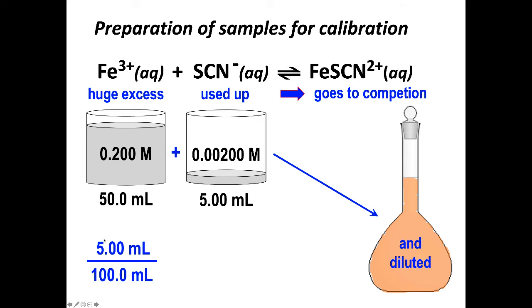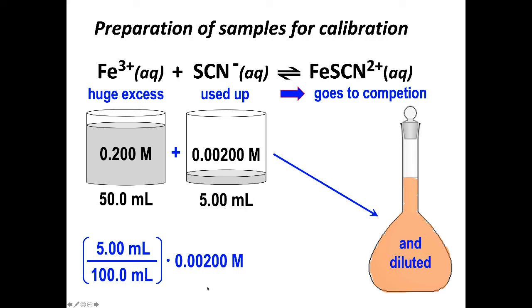So this is our dilution factor. We dilute by a factor of 5 to 100, and that's going to, of course, dilute the concentration of everything, of what we started with and the concentration of the solution we made. So that dilution factor then gets multiplied by the concentration of the solution that gets used up, because this will limit how high a concentration of the solution we form will be.